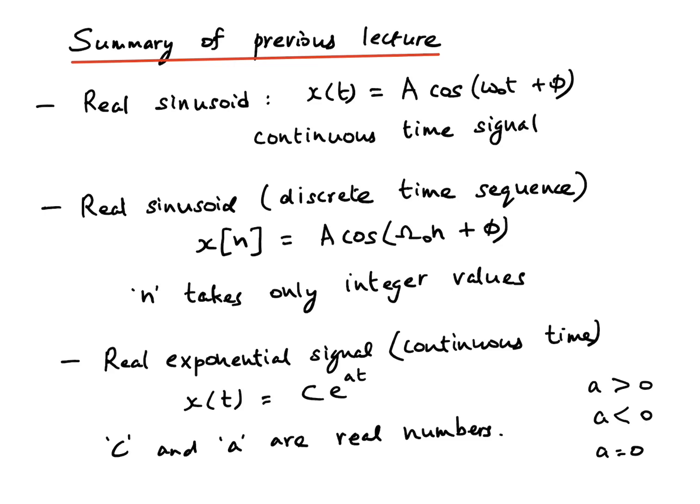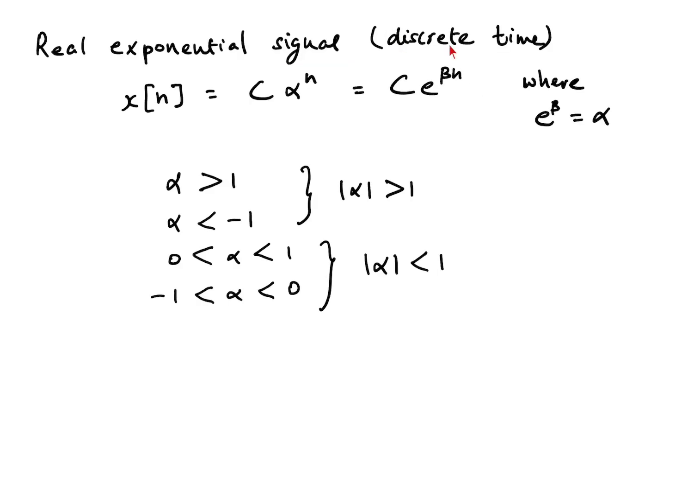Similarly, for the discrete case, we'll see what happens when c and alpha are complex numbers. We'll also see a special case where beta is purely imaginary. When we set beta to be purely imaginary, it gives us a special kind of signal. We will be discussing all of these in this lecture.